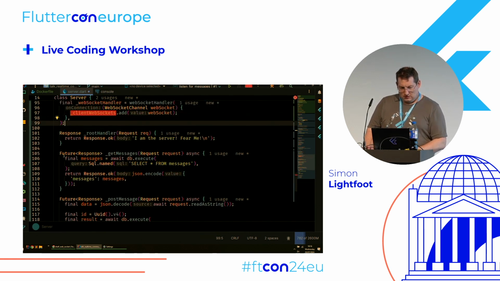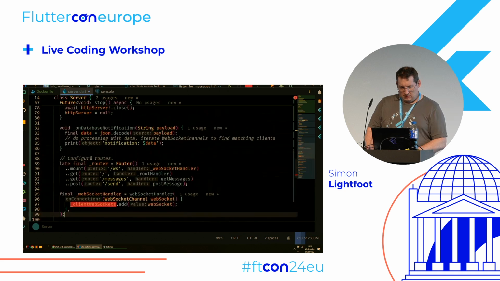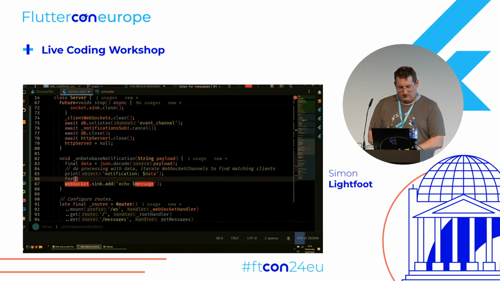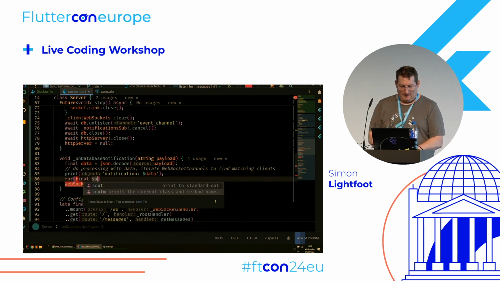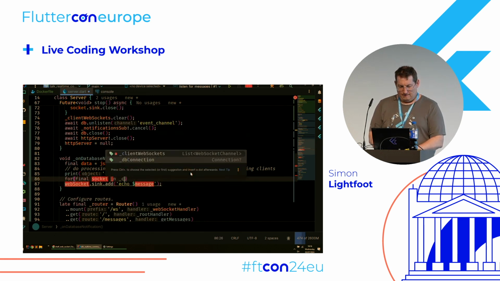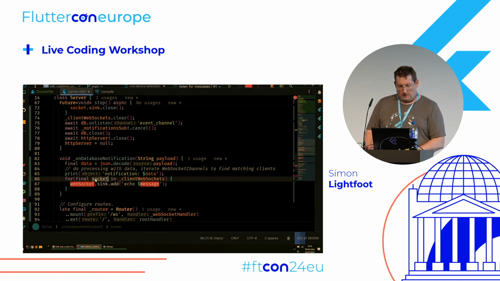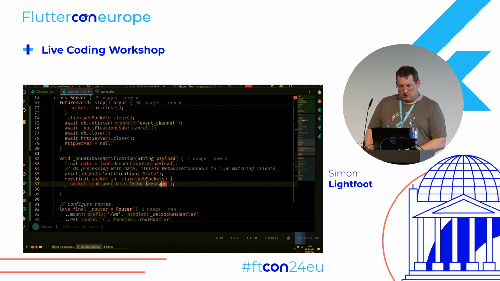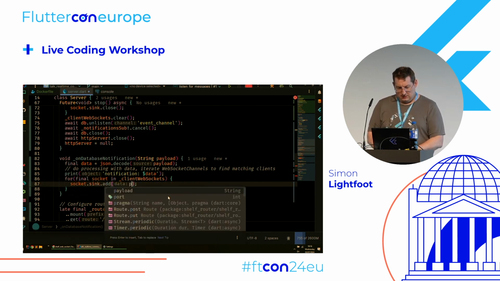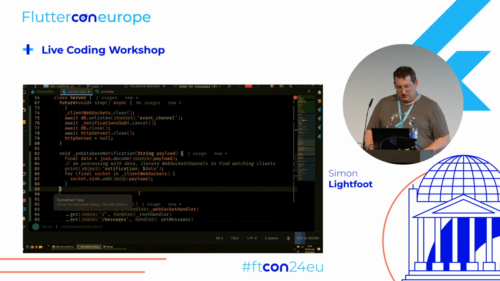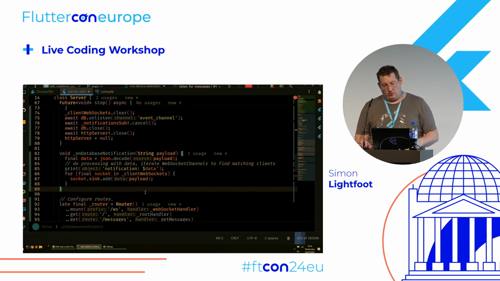And so, what was that? Here it is. We'll just send it straight back. Obviously, you wouldn't want to send it raw, but I'm trying to remember what it was actually.